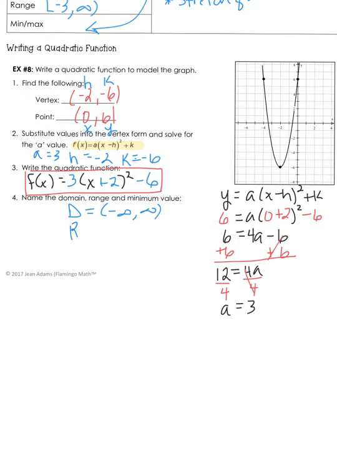So the range is -6 to +infinity, and since my vertex was -2, -6, this gives me my maximum or minimum value, and since it opens up, that's a minimum. So then we have a minimum that equals -6.